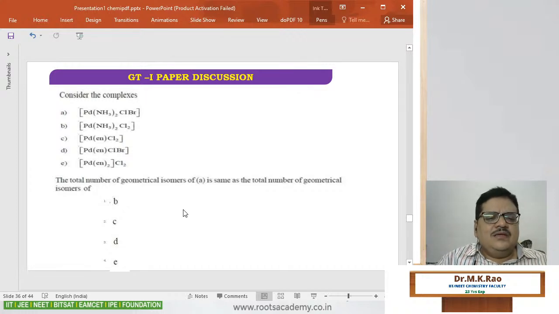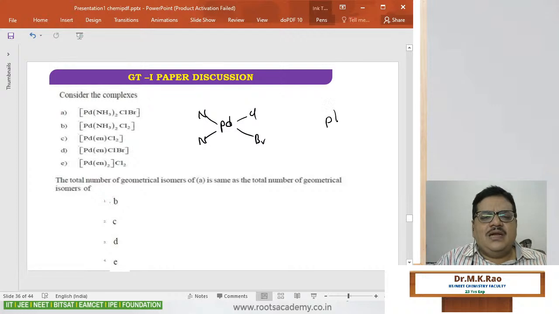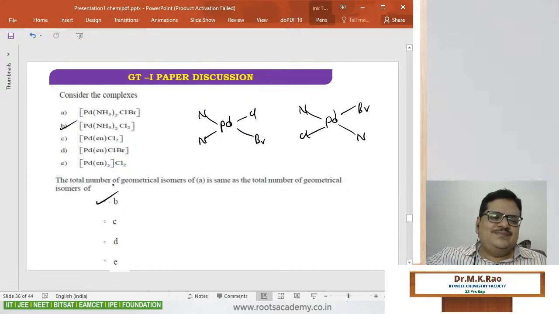Because for A you have palladium, ammonia, chlorine, and bromine. Again palladium, ammonia, chlorine, ammonia, and bromine. Two geometrical isomers, and the same thing is also two geometrical isomers. So it should be option B.